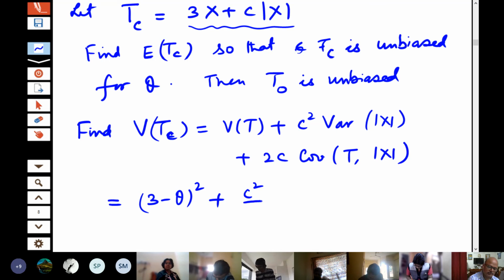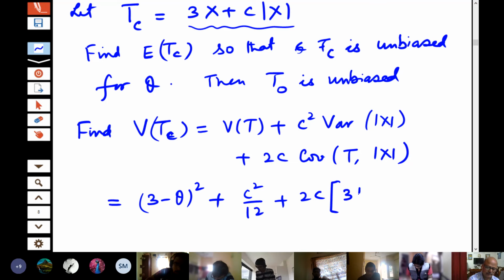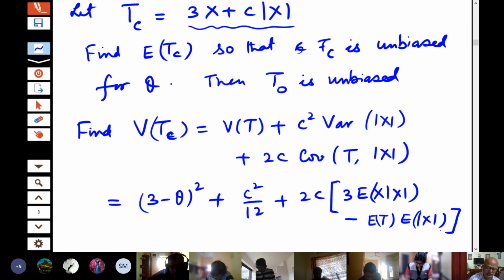So that is c square by 12. So this is the term that you have to write, that is expectation of x into mod x minus again expectation of T into expectation of mod x. So these terms also you have already written. So only one extra term you have to calculate. So calculate it and tell me this.